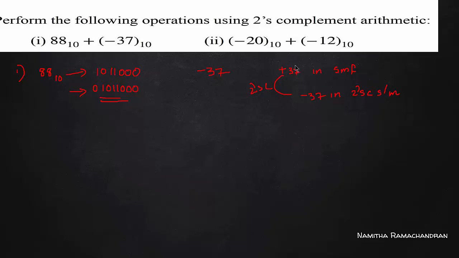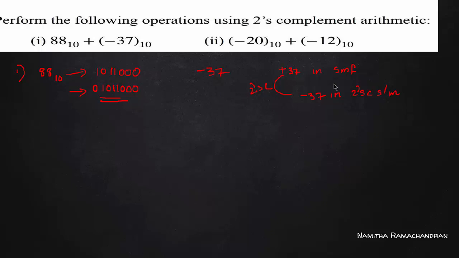Got it? And another way, suppose you are asked to get the 1's complement representation corresponding to negative 37. What will we do? The same procedure. Start with positive 37 and write its signed magnitude form. Positive 37 means the sign is positive, so put 0 for the sign bit and write the binary representation corresponding to 37 after that.